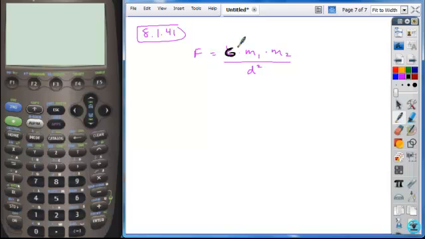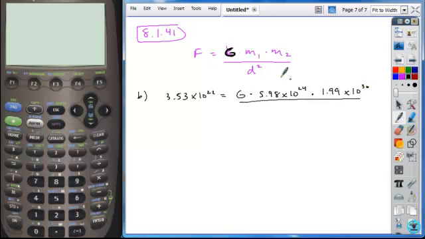And so it asks you in part B here to use this information and find your g value. So let's plug in all the pieces that we know. So we know the given force was identified as 3.53 times 10 to the 22nd is equal to g times the mass 1, the Earth's mass, 5.98 times 10 to the 24th, times the mass 2, the sun's mass, 1.99 times 10 to the 30th.